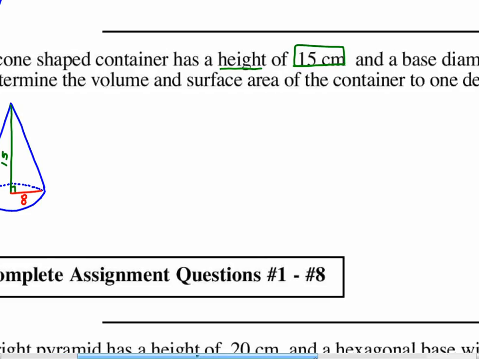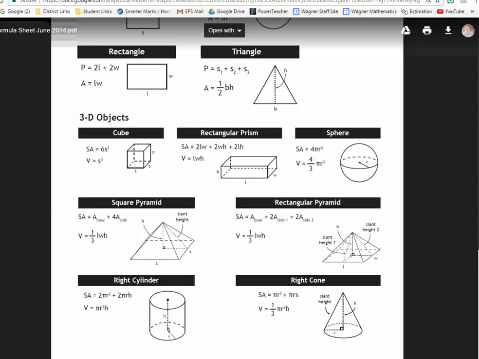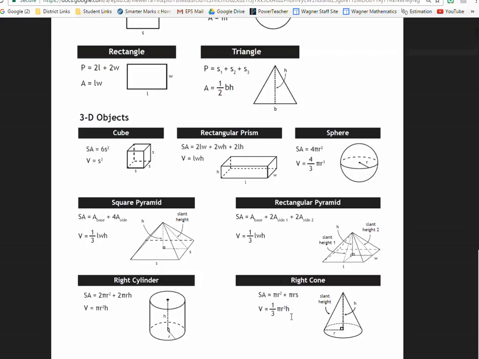So if you look in your formula sheets, we have a formula for volume for a cone. See it at the bottom? Way down here. 1/3 pi r squared times height.